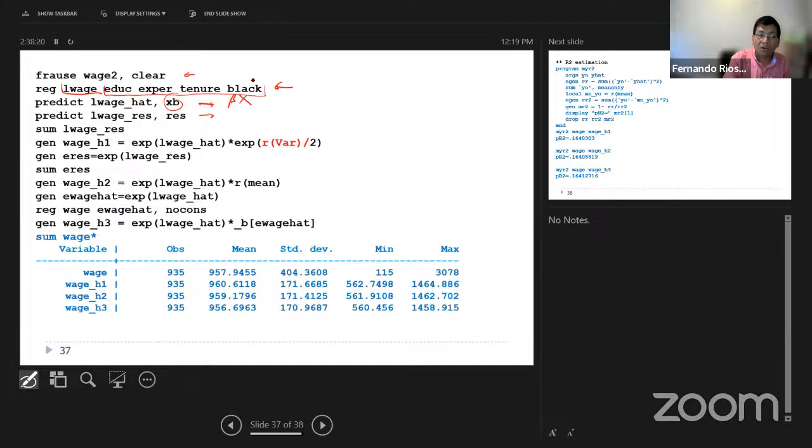That would give me the predicted log of wages, and I'm also getting the predictions of the residuals. And ideally, or by construction, the original log wages are going to be a function of the predictions plus the residuals.